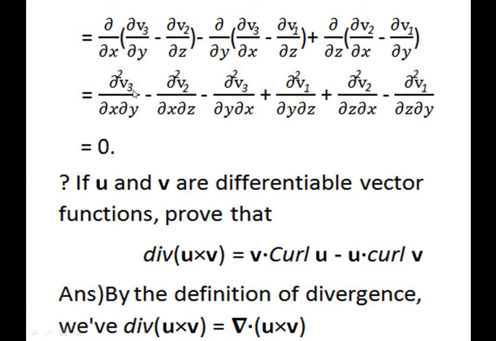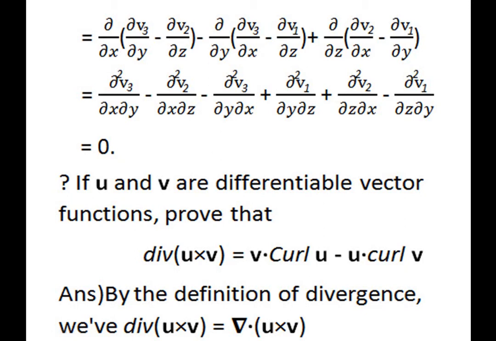Then dou square v3 by dou x dou y and dou square v3 by dou y dou x are equal, so here plus and minus cancel. Similarly dou square v2 by dou x dou z and dou square v2 by dou z dou x cancel. Similarly dou square v3 by dou y dou x, sorry, I already cancelled that. Then dou square v1 by dou y dou z and dou square v1 by dou z dou y cancel. Then we get that equal to 0. Okay, clear?